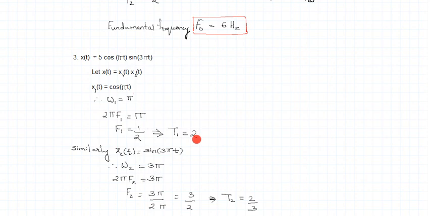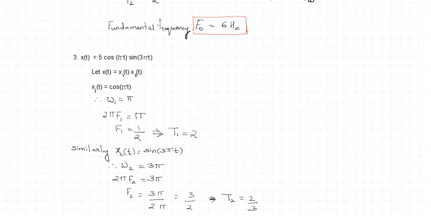Similarly, we'll now proceed for the second component, which is x2(t). So x2(t) is sine(3 pi t). I'll compare this with the standard signal, so I get omega 2 to be 3 pi. Expressing omega 2 as 2 pi f2, 2 pi f2 is equal to 3 pi.